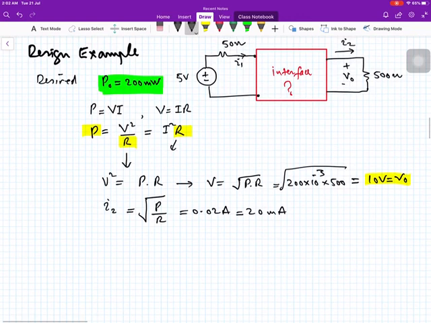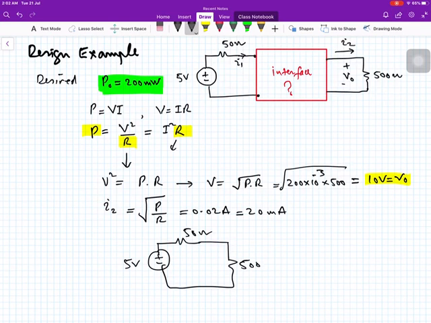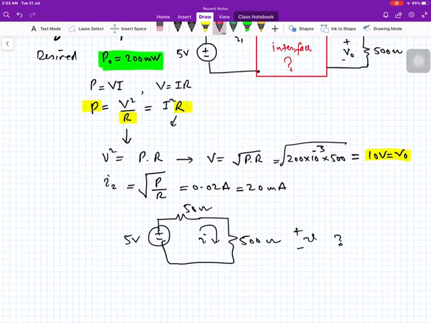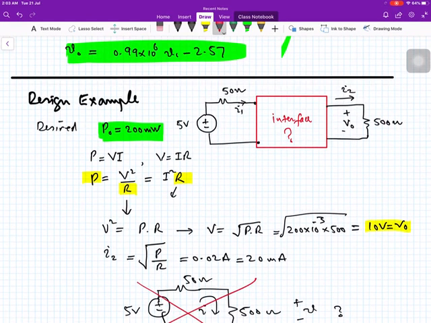Now, first of all, we see that if we use the circuit directly to feed 500 ohm, what will be the current and what will be the voltage? You can see that this will not fulfill our requirements. So I will copy the circuit over here.